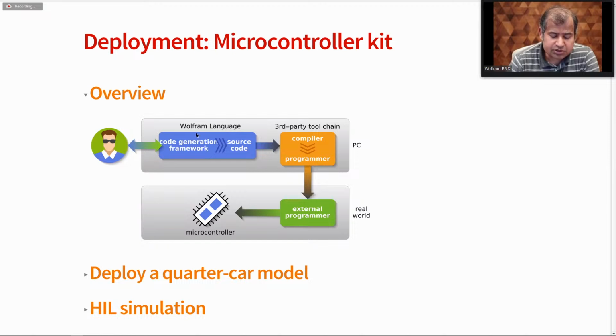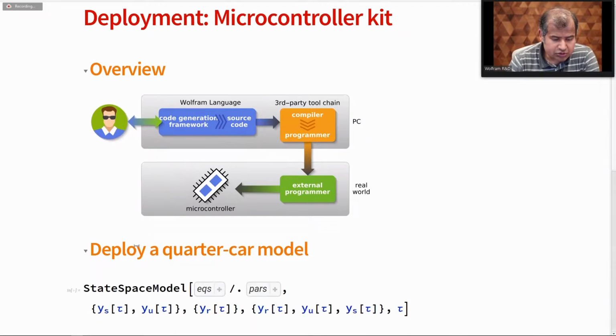Each time we generate a new controller, we should be able to quickly deploy it onto the microcontroller board. We can deploy any of these models that I have shown, and there are various reasons why we would deploy it. One obvious one is that we have a controller, or it could be a filter or an estimator.